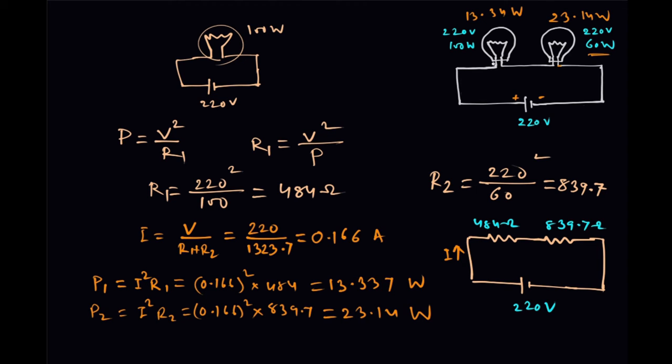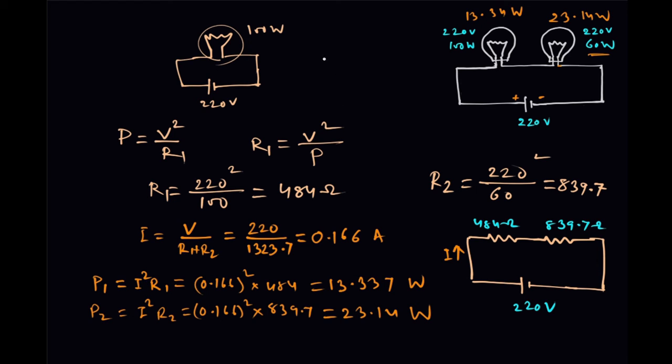That is because the bulbs are connected in series. That means the resistances are connected in series. So the one having more resistance, the voltage across it will be more. And moreover, from this formula you can see that if the resistance is more, then the power consumption will be more, because the current is the same in the circuit.